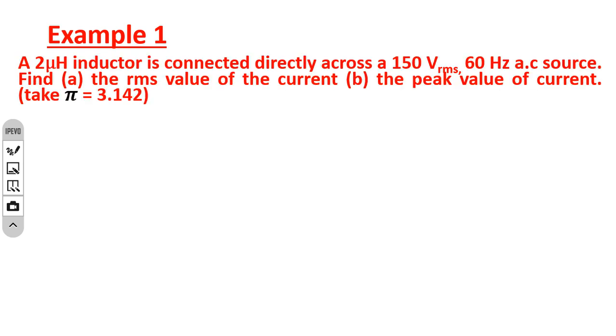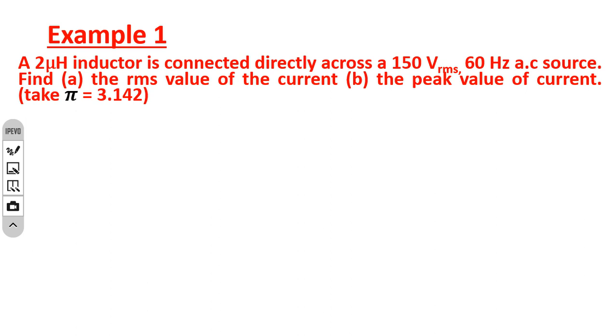Example 1. A 2 microhenry inductor is connected directly across a 150 volt root mean square and 60 Hz AC source.